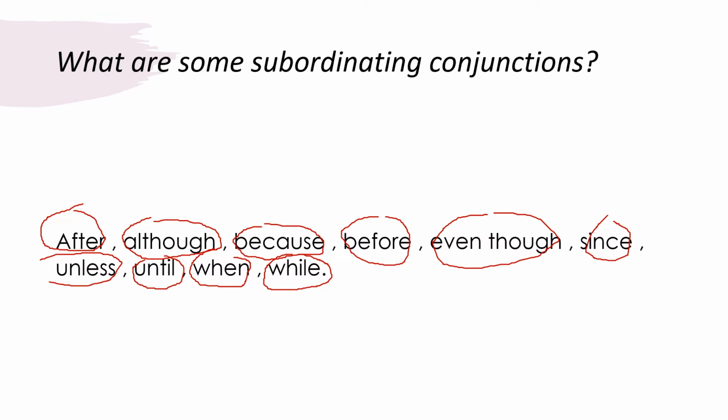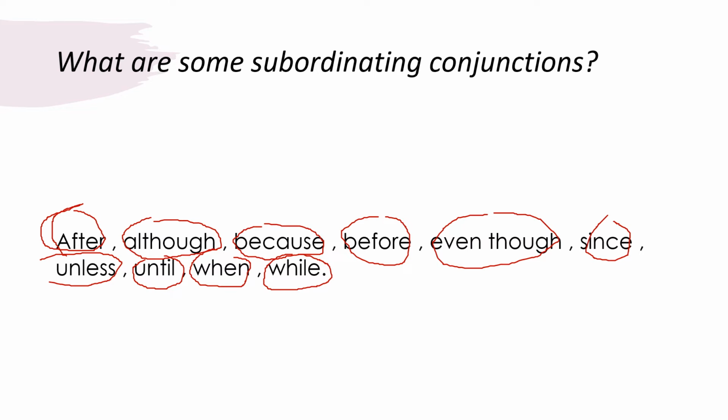What about if I added the subordinating conjunction after to it? So if I said, after I played in the garden, full stop. Do you think that this is complete now? No, it is incomplete. That's why it became dependent clause. So when I said, after I played in the garden, full stop, this is called dependent clause.